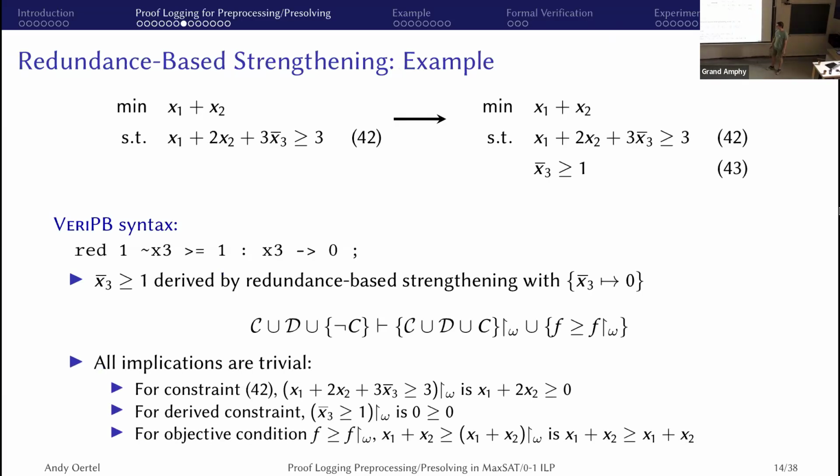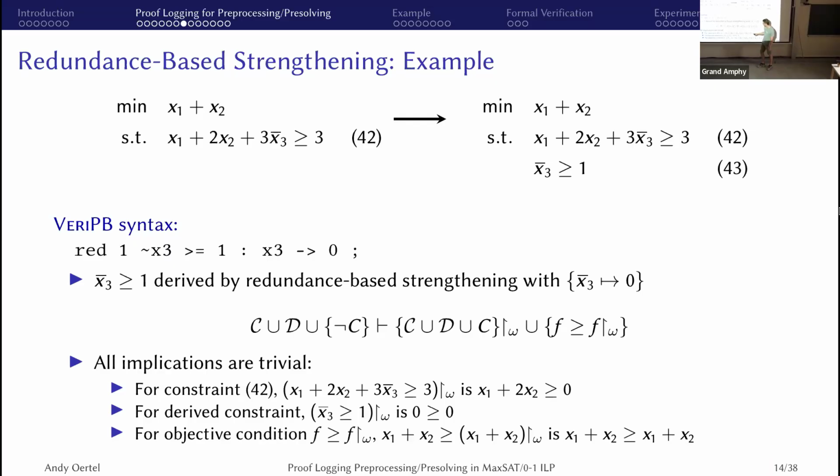And why does it hold? This is simple enough that the proof checker can figure it out by itself. We have to go through everything that we want to check is implied. First we look at our currently derived constraints, which at the moment is just constraint 42.